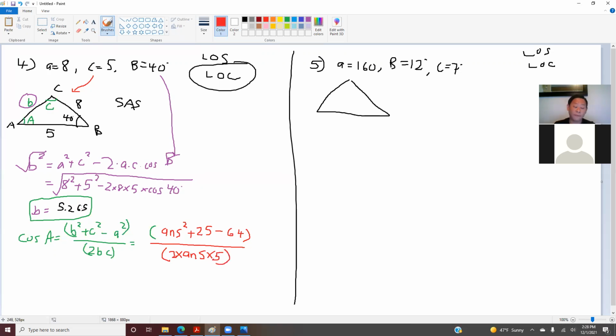So go ahead and do this in your calculator. Make sure you have parentheses.